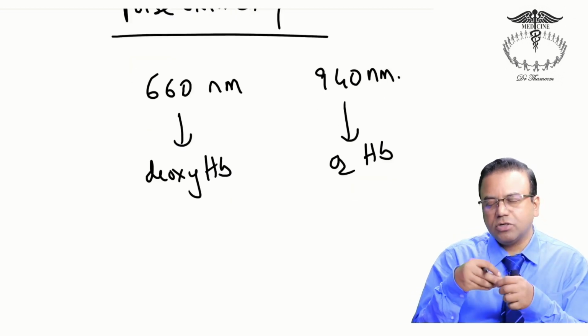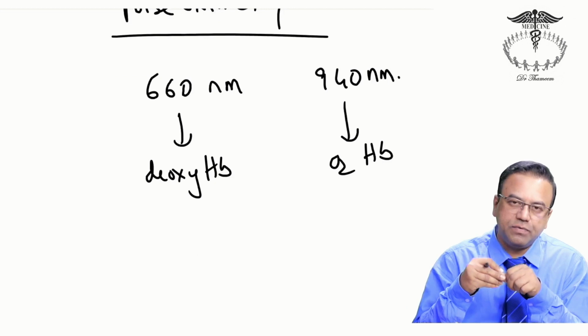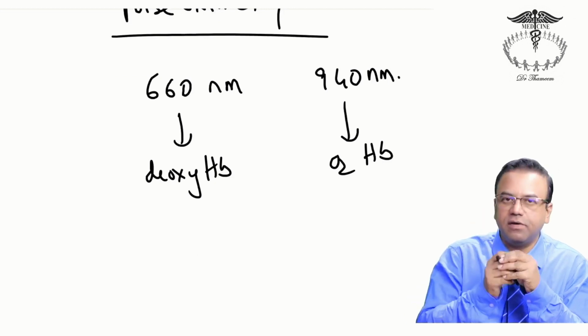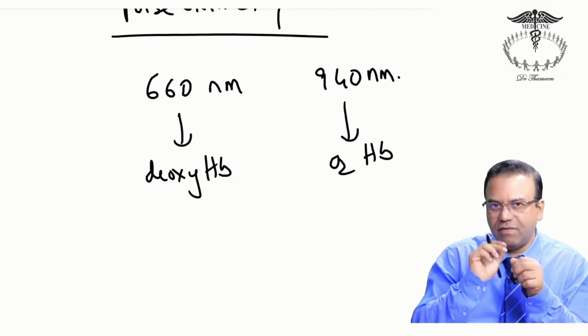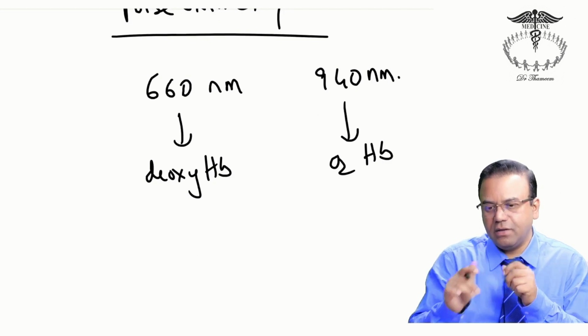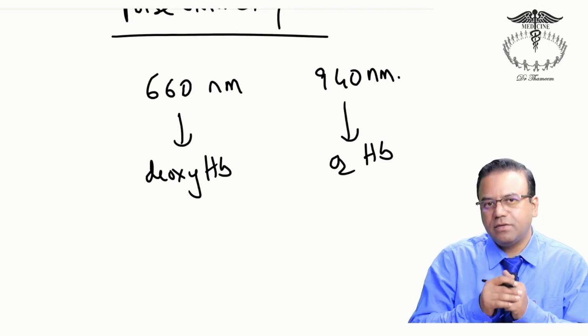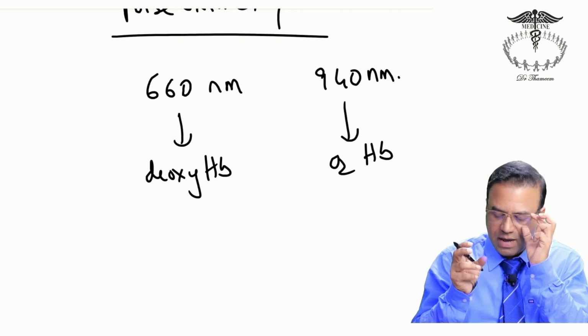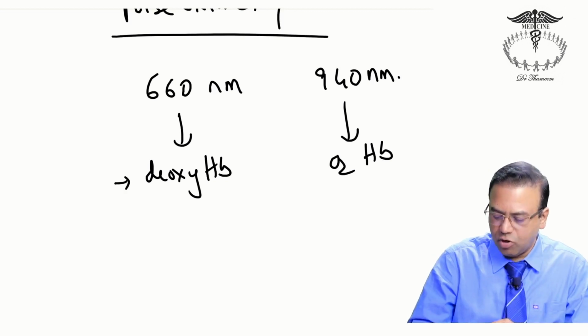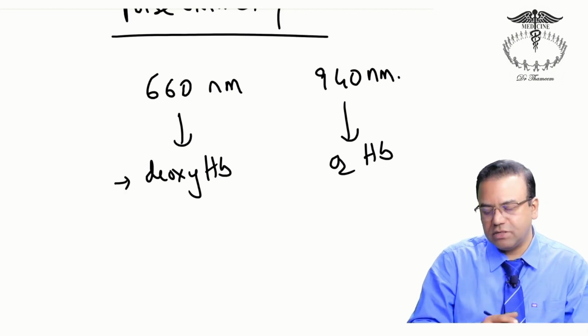And when you put the pulse oximeter across a thumb or whatever tissue we're using, whether it's the earlobe or the fingers, the two wavelengths that are constantly flickering are 660 and 940. The deoxyhemoglobin is going to pick up more of the 660, and the oxyhemoglobin is sensitive to the 940.